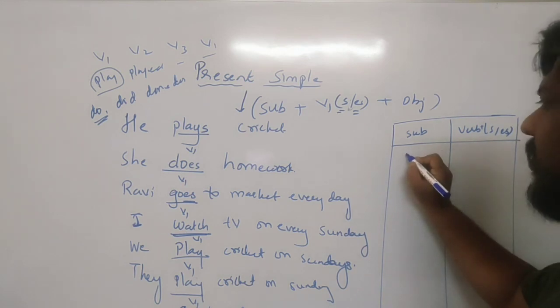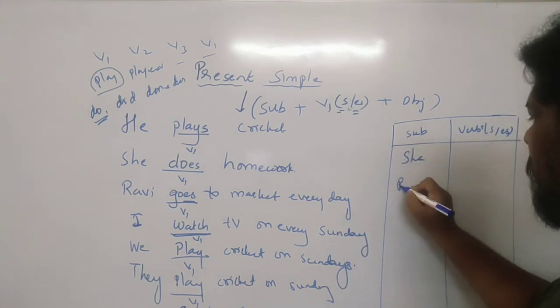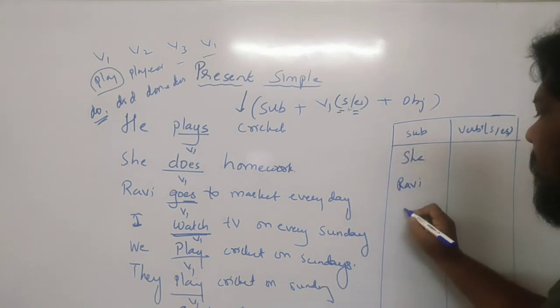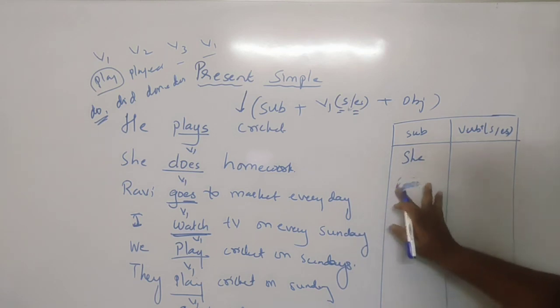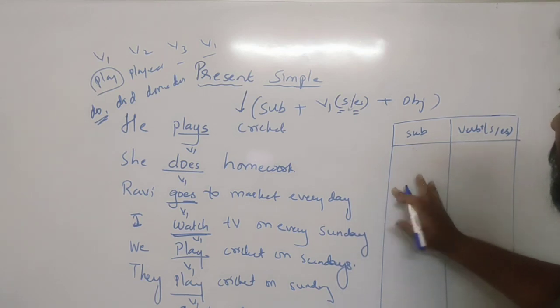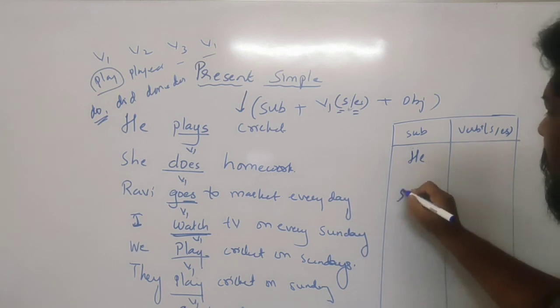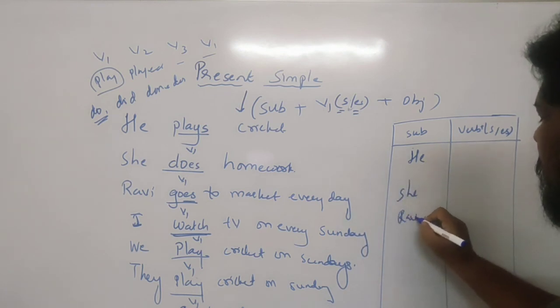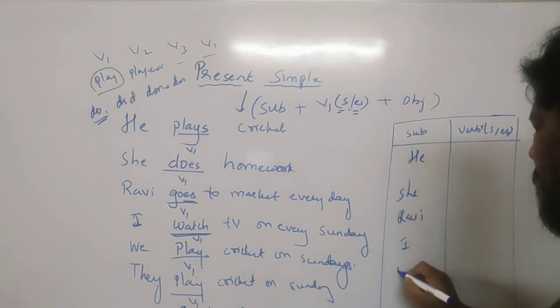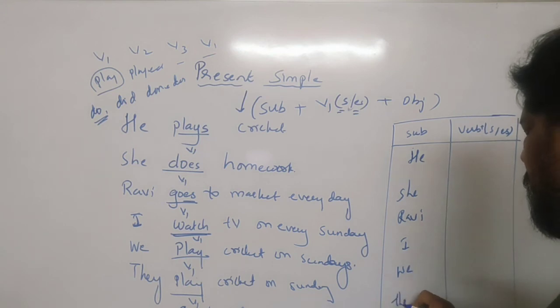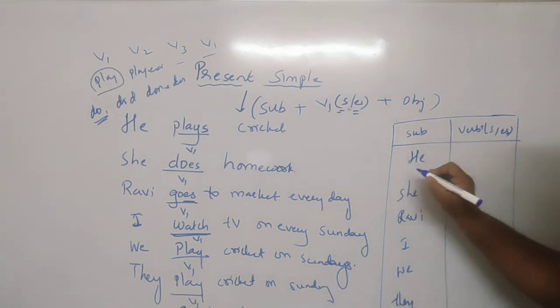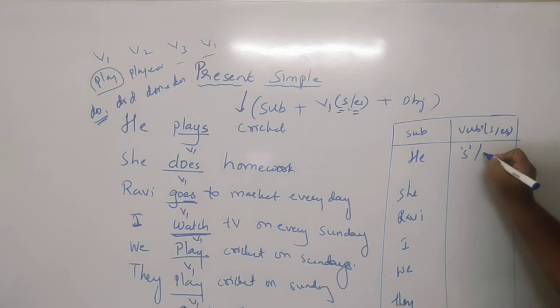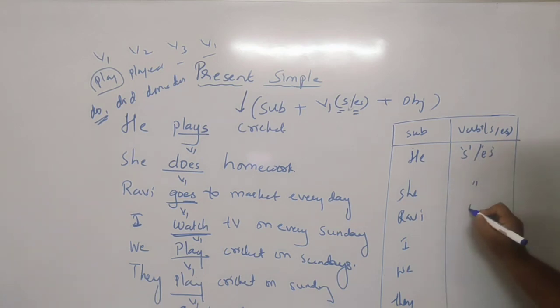When you take she, Ravi, and he, I am using S or ES. He, she, Ravi also I am using here.